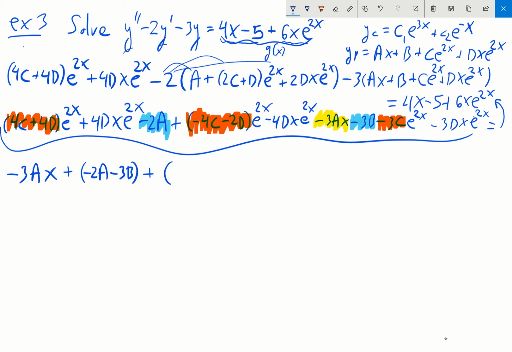So I'm going to do a little bit of arithmetic to save us some space and some writing here. Let's combine those coefficients in the e to the 2x. First of all, a positive 4c and a negative 4c, those two cancel. 4d and a negative 2d would give us a positive 2d. And then we also have another negative 3c here. So we have a negative 3c minus 2d, and that's times our e to the 2x.